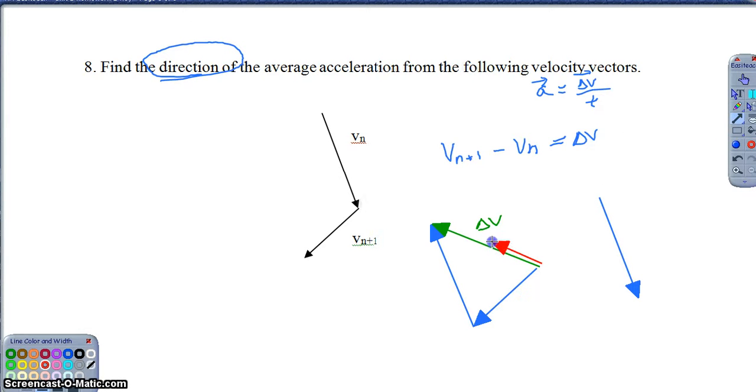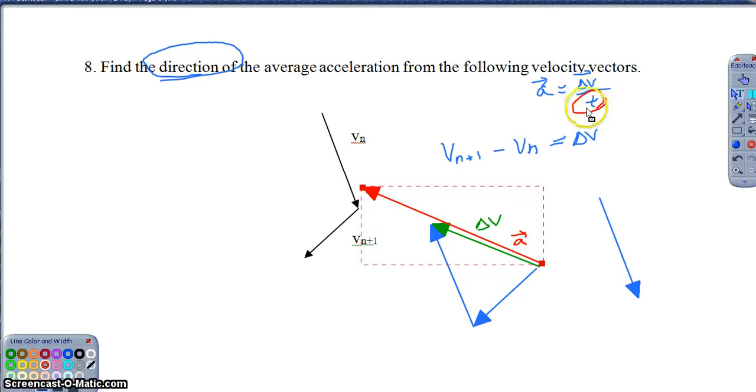Okay, so as I throw my acceleration vector up here, I have to realize that I actually don't know how long this vector is. Now I know that it points in that same direction, which is what I was asking you with this question, but I don't know how long it is because I don't know what frame of time we're looking at. If we're looking at a really short period of time, then that acceleration would be much longer, because if you divide by a very, very small number, right, that acceleration is going to be big.